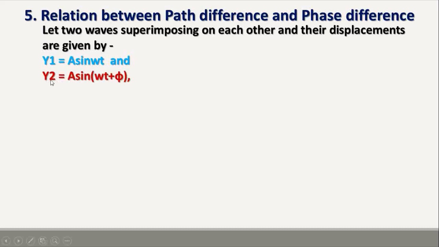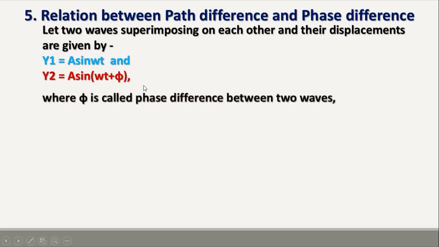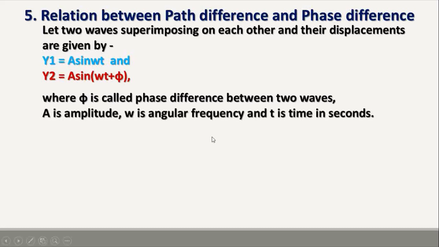And y2 is the displacement produced by the second wave, where a is its amplitude and phi is the initial phase for y2. Phi is the phase difference if you compare the displacement of y2 with y1. Omega is the angular frequency and t is time in seconds.